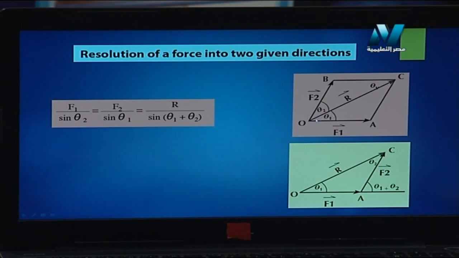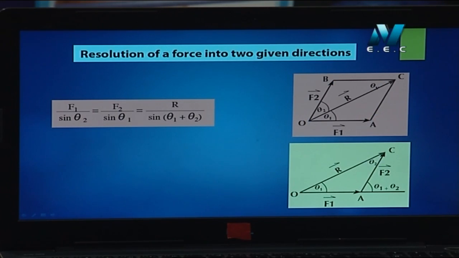This R is OC, and we have theta 1 here and theta 2. Why does theta 2 here equal theta 2 here? Because of alternate angles: BO is parallel to CA, so measure of angle BOC equals measure of angle OCA, alternate.